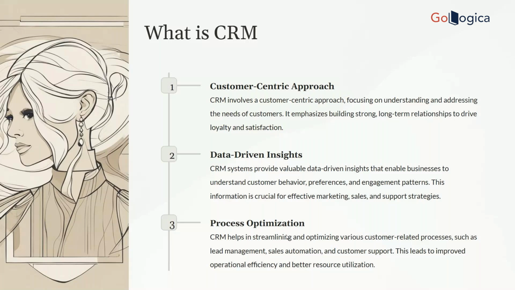Process optimization is optimizing customer related processes, such as lead management, sales automation, and customer support. If they are effectively managing their leads, they are able to convert their leads into accounts or customers.